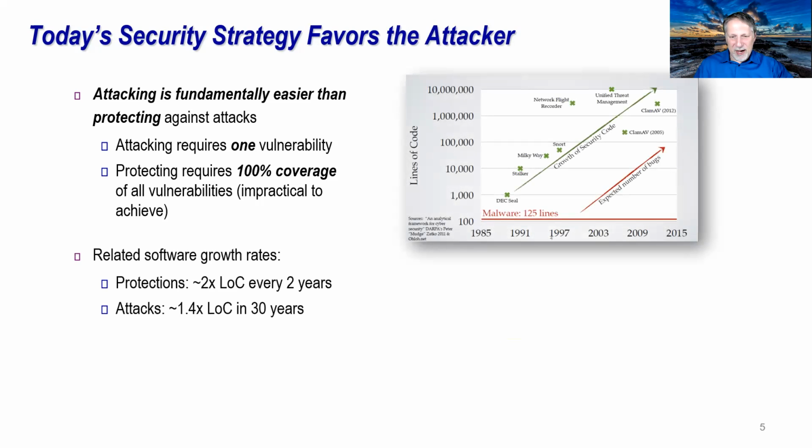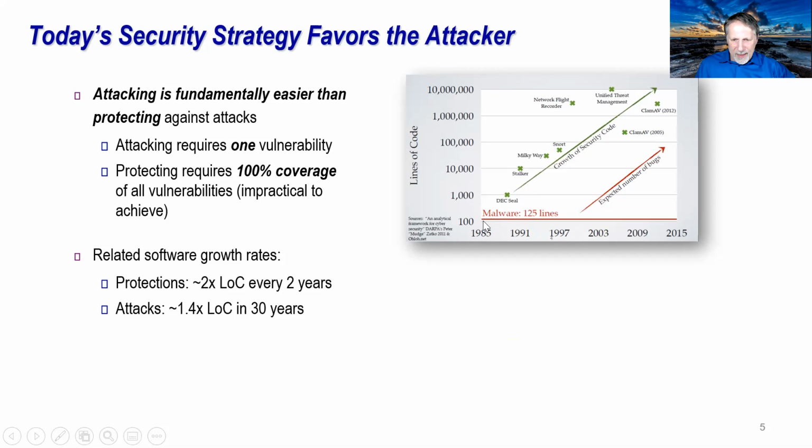This graph was made about a decade ago by DARPA, a very interesting study that shows in the green lines here the growth of software used to protect systems from security attacks, things like network flight recorders, unified threat management, antivirus software, etc. And that was growing roughly 2x every 2 years in complexity.